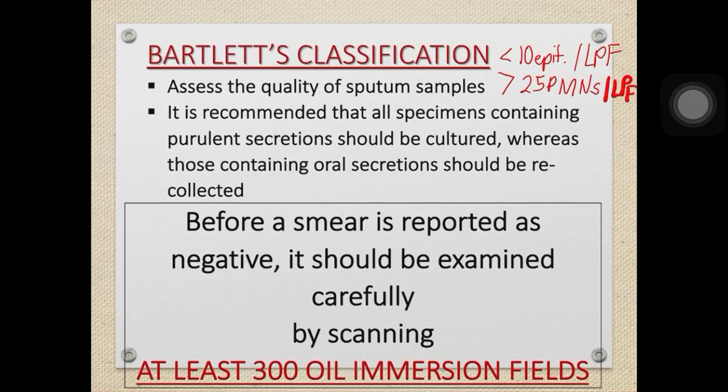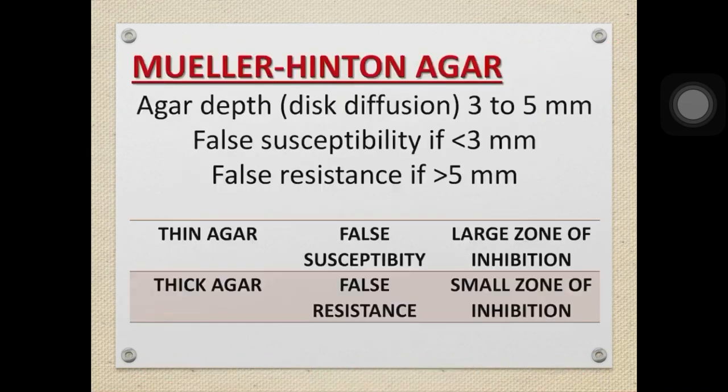Pagka-prepare ng smear, check po ito for AFB in 300 fields. So, bago po mag-report ng negative, dapat nakapag-screen po tayo ng at least how many oil immersion field? 300 oil immersion field.